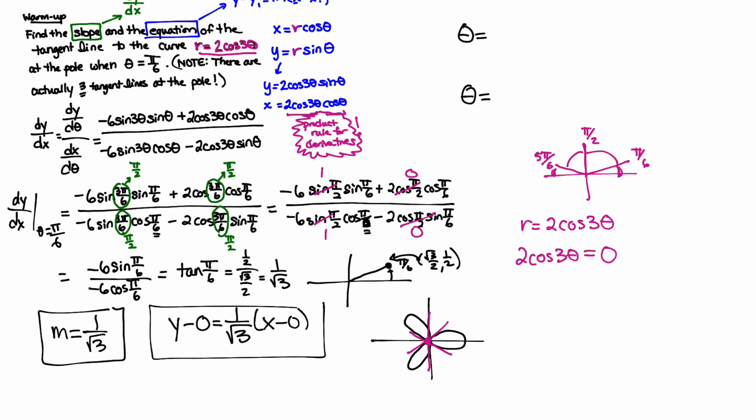Cosine of what gives me 0? So I'll just go back over what we did last time. So we said that will be 0 when we have an angle in here that gives me a 0 value. So cosine of what equals 0?